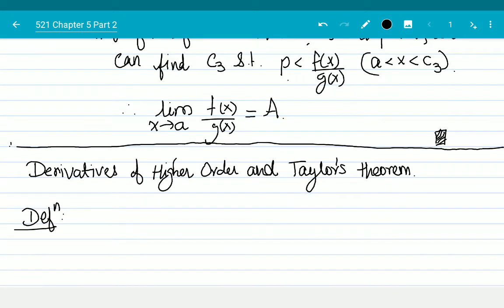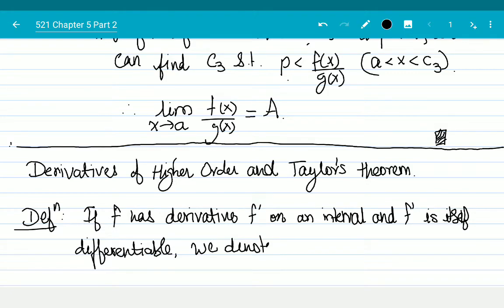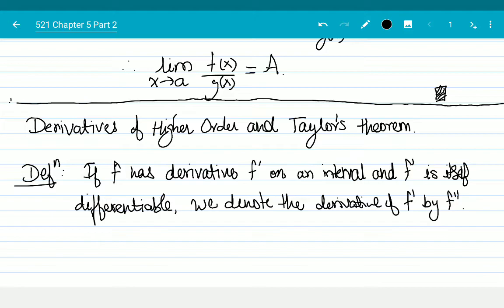If f has a derivative f prime on an interval and f prime is itself differentiable, we denote the derivative of f prime by f double prime, and call it the second derivative.